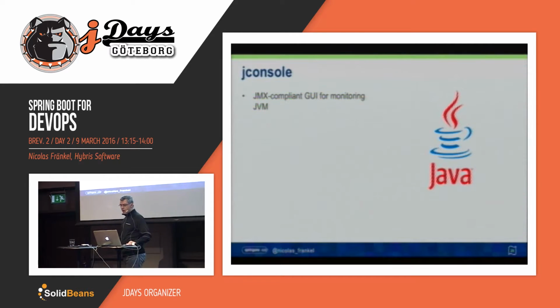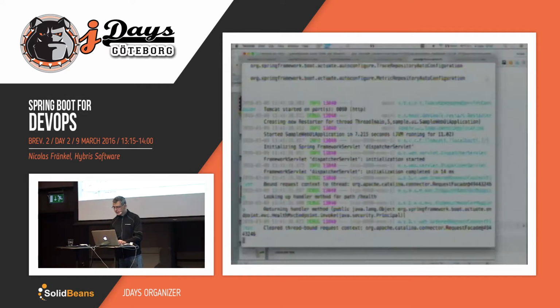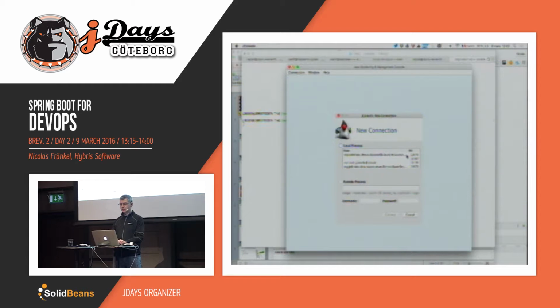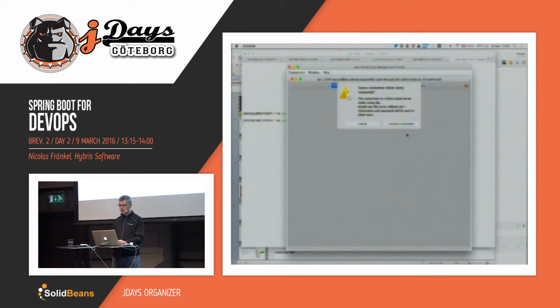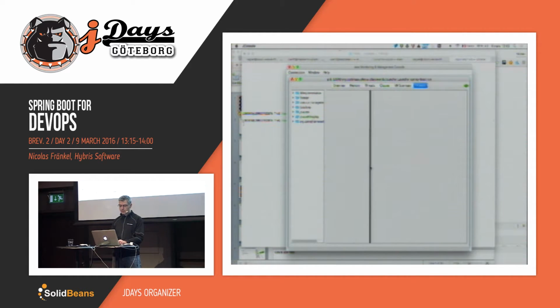Those kinds of stuff are already accessible in JMX. Who knows about JMX? Okay, nearly everyone. Great. So let's skip that. Who knows about JConsole? A little less. JConsole is great stuff because it lets you access the JMX metrics. And you just run jconsole, and you have the stuff here for you. So you can connect to your Spring Boot application, say, yeah, I want insecure connection, and you will see all the MBeans available.